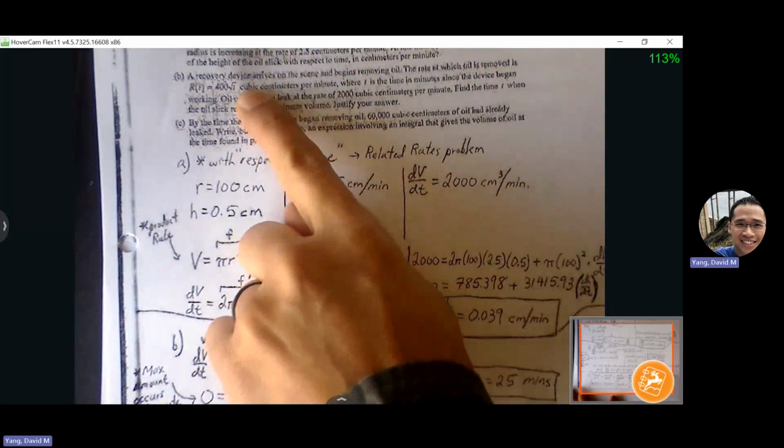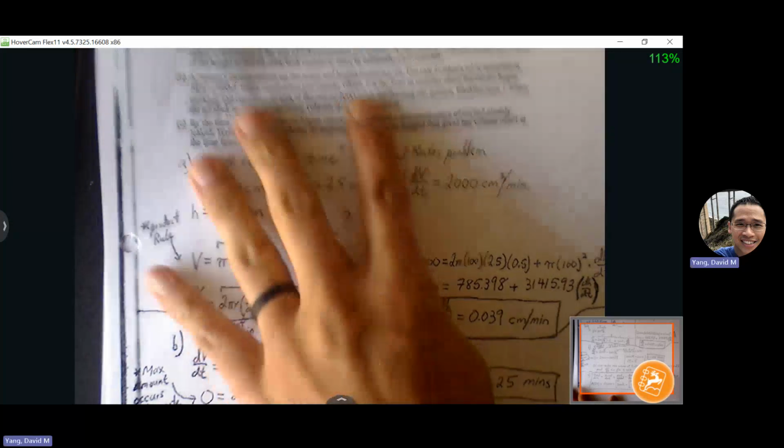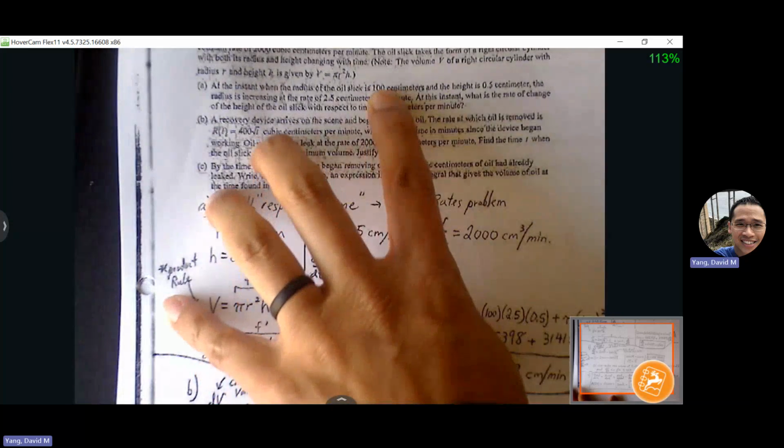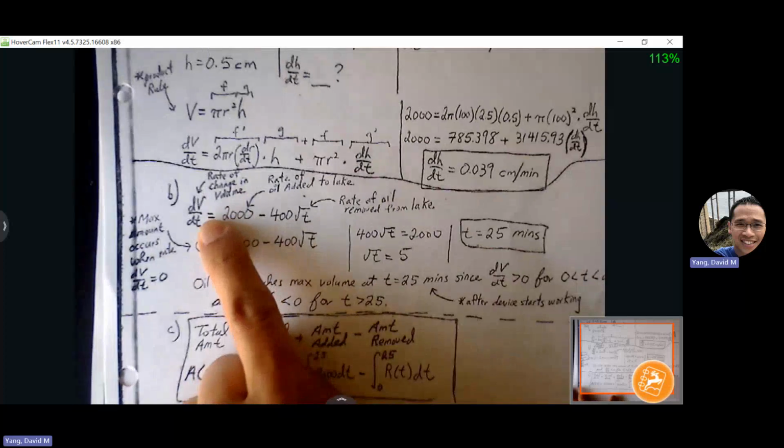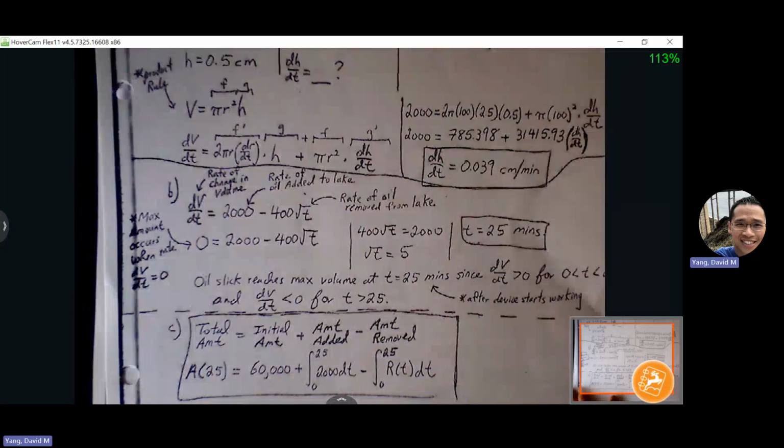But while they are bringing this recovery device to suck up the oil, the leak is still going on, right? That hasn't been stopped yet. So we know that the rate of change of the volume of the oil is going to be dependent on this formula here, right? That the rate of oil being added to the lake minus the rate of oil being removed from the lake. So if we get a positive number out of it at a certain time, that means the oil leak is still growing.